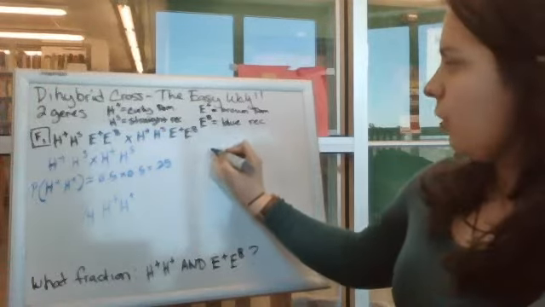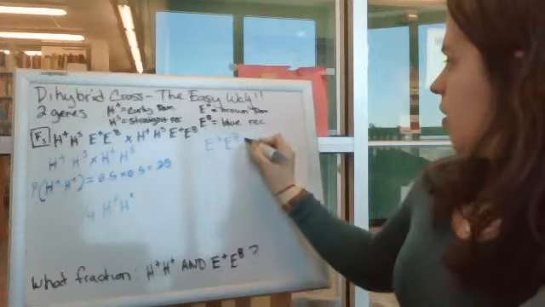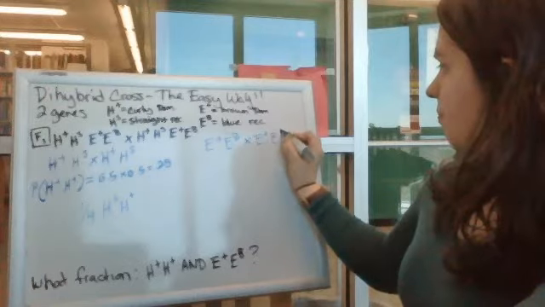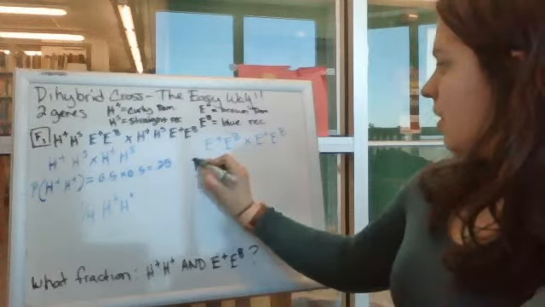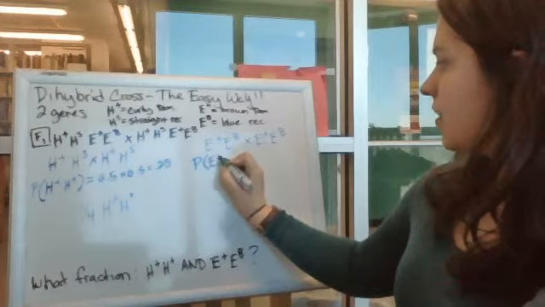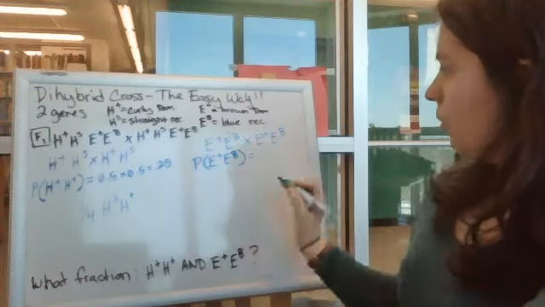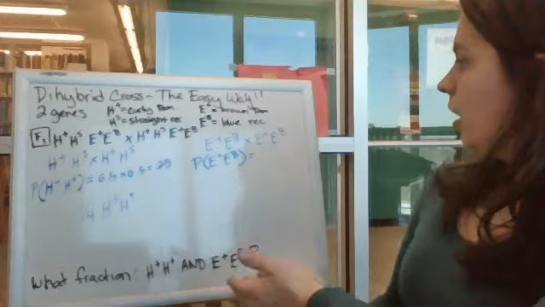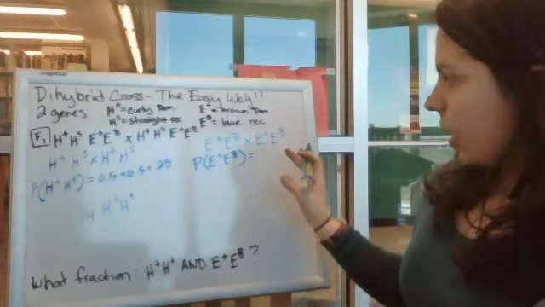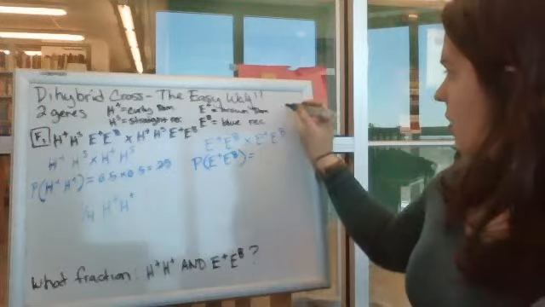So we want to know when we cross E plus EB with E plus EB, what is the probability that you get a heterozygote, E plus EB, like their parents? So we know that when you do out that Punnett square, you're going to get two of those squares that will be heterozygous.